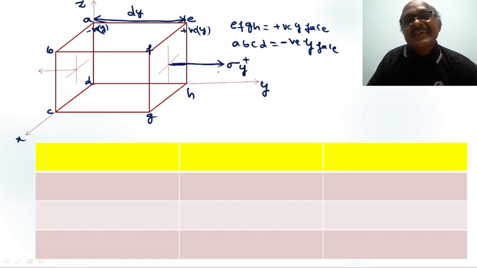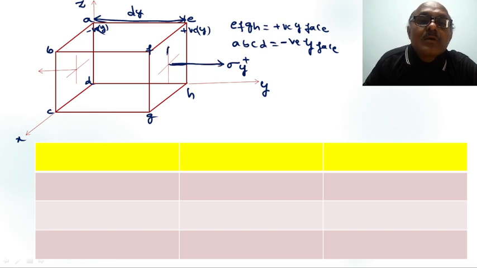It is a normal stress on the positive y face, so we will call it positive. Now this stress is parallel to the positive y face, so it is a shear stress, but it is in the y plane, z direction, tau yz.